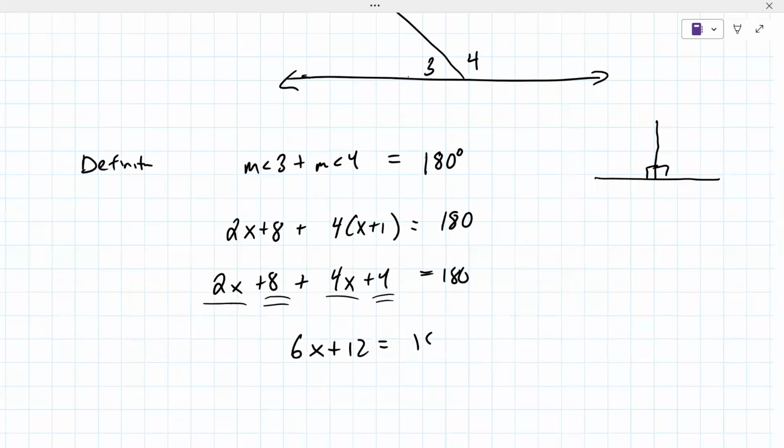Okay, so this is now a two-step equation. You solve a two-step equation by first undoing addition and subtraction before multiplication, so you subtract 12.